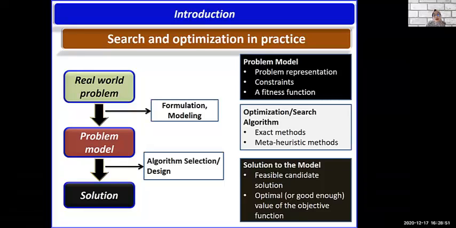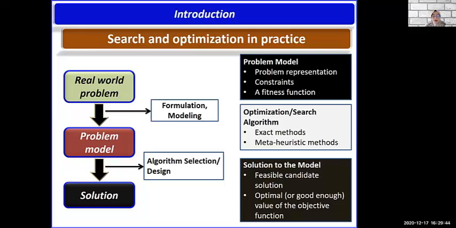So there are two types of algorithm. Either we use exact method or meta-heuristic method. So exact method sometimes we call mathematical approach. And meta-heuristic method, sometimes people say approximation approach, but this term is still debated. When we apply the method to solve the problem, we will get a solution.